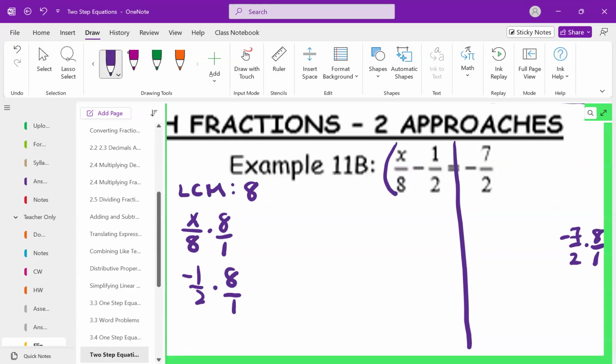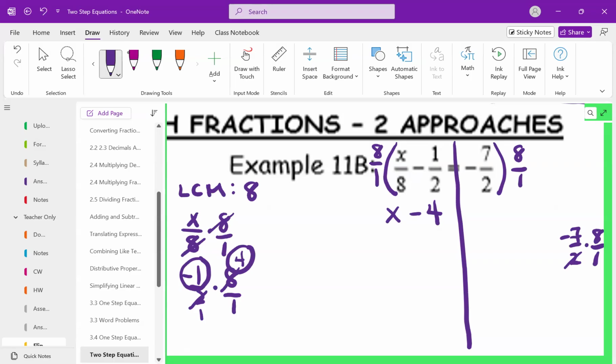And what this looks like is we're putting the entire equation in parentheses and multiplying each term by 8 over 1. So x divided by 8 times 8 over 1, those 8's cancel out, leaving us just with x. Over here, 2 goes into 2 once, 2 goes into 8 4 times, so negative 1 times 4 is minus 4.